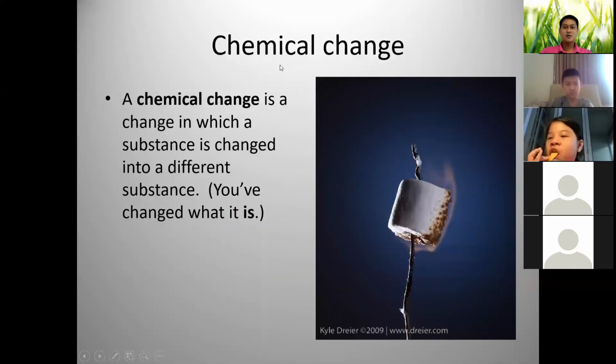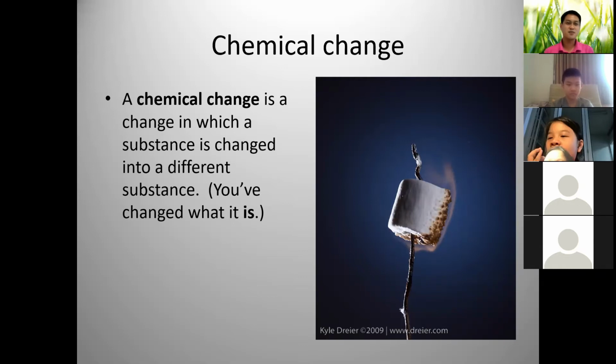We have chemical change. Who can read this one? A chemical change is a change in which a substance is changed into a different substance. So you change what it is.